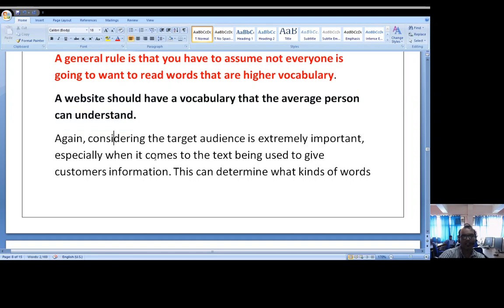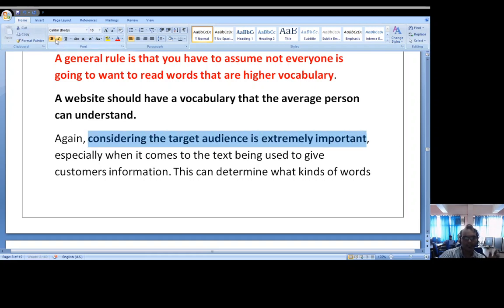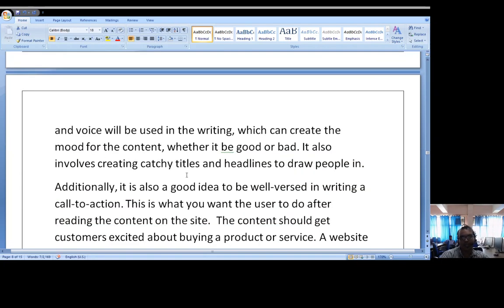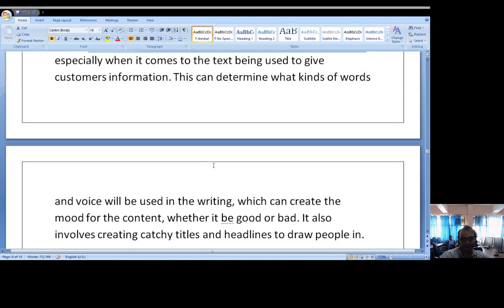Let's move ahead. Considering the target audience is extremely important in the writing part, especially when it comes to text being used to give customer information. This can determine what kinds of words and voice will be used in the writing, which can create the mood for the content, whether good or bad.